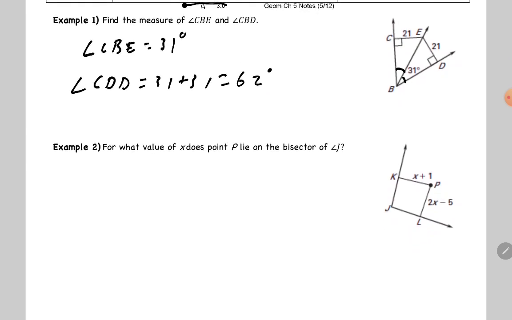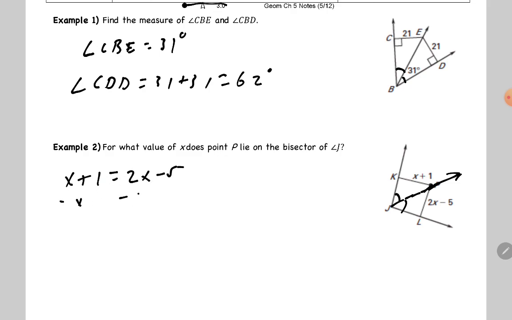Okay, for what value of x does point P lie on the angle bisector of angle J? These two lengths need to be the same in order for P to be on the angle bisector. So x plus 1 is equal to 2x minus 5.